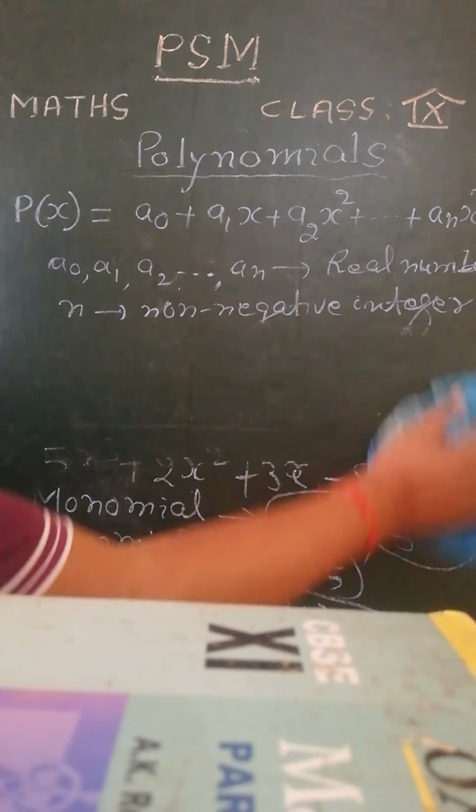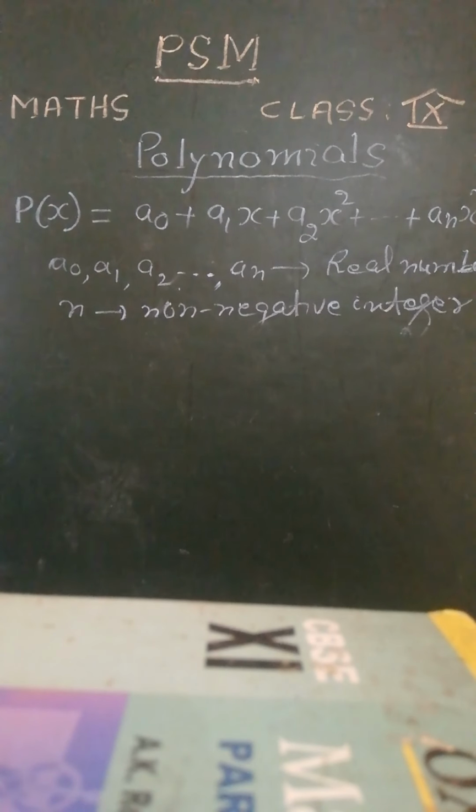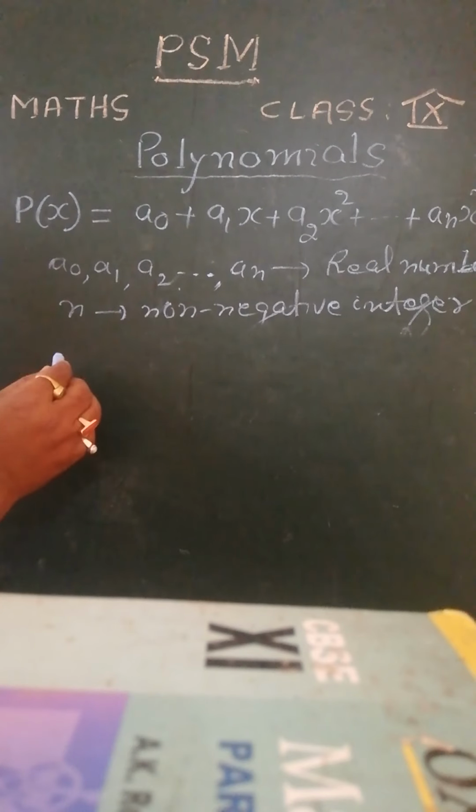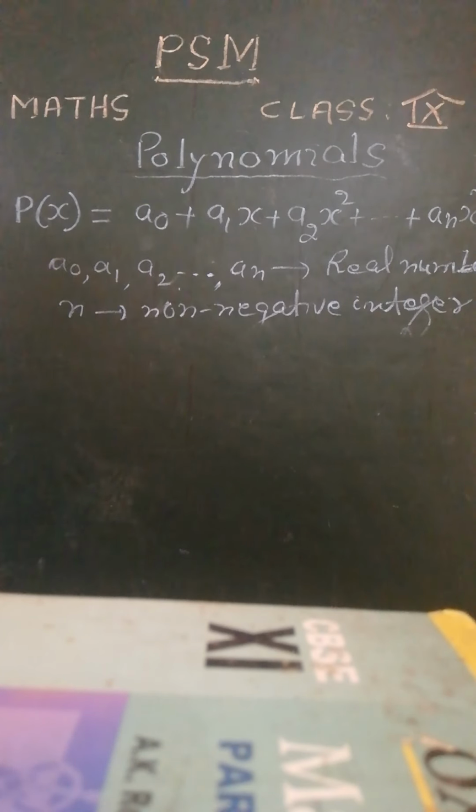Now come to the next point, the zero polynomial. What is a zero polynomial? A polynomial, each of whose coefficients is 0, is called the zero polynomial. And what is a constant polynomial?